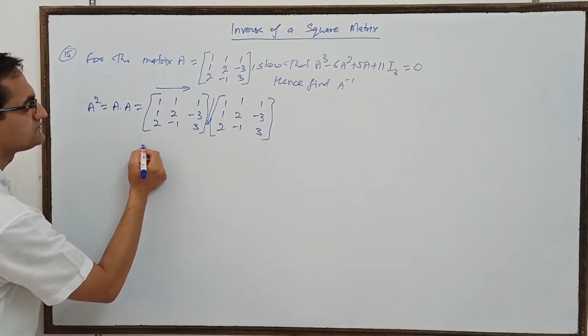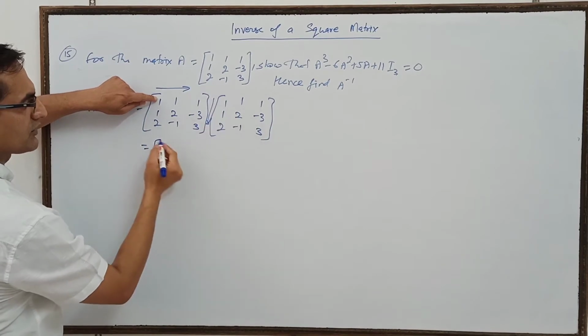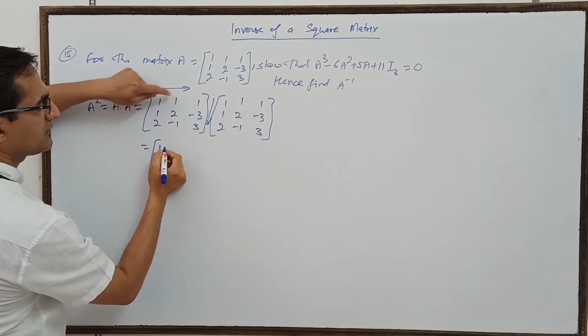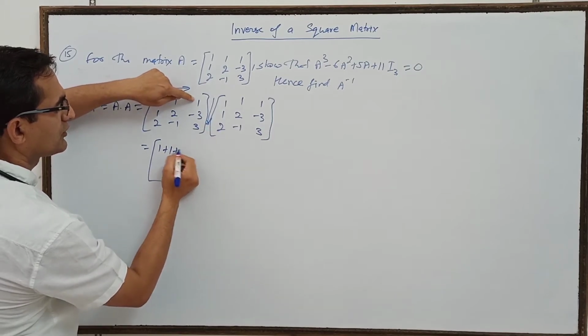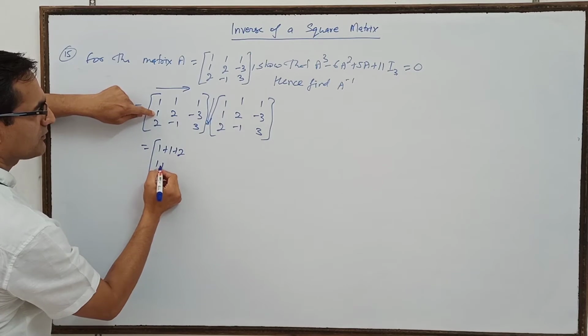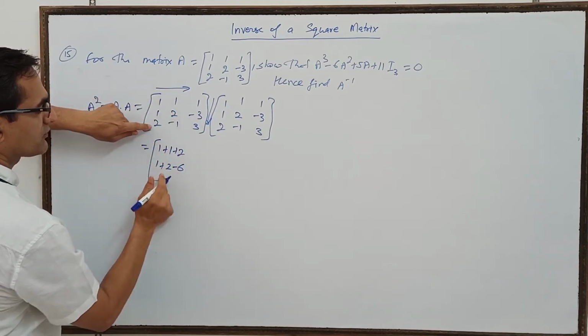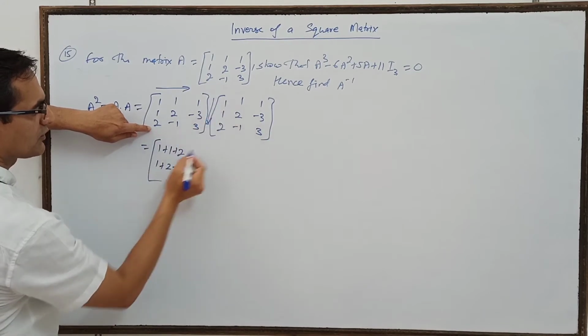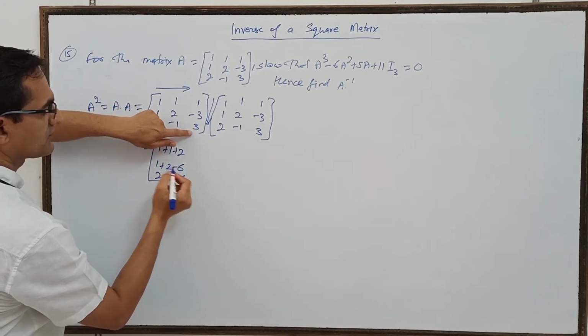So this row by this column: 1 into 1, 1 plus 1 into 1, 1, 1 into 2, 2. For this one, this row and this column, so 1 into 1, 1 plus 2 minus 6. For this one, this row and this column, so 2 minus 1 plus 6.